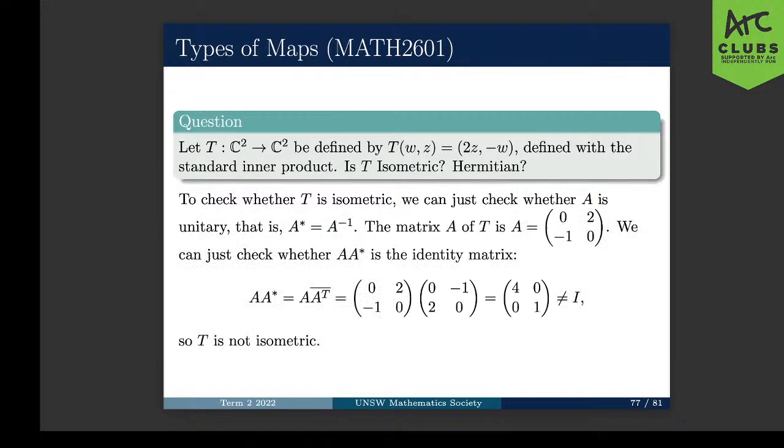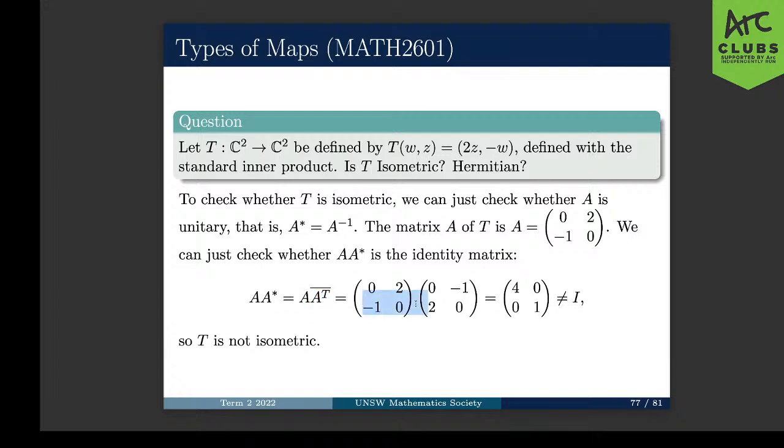By the way, I should mention what A is. A is the matrix of T, and it turns out to be (0, 2; minus 1, 0), because if you multiply it by (w, z) on the right, you get 2z minus w. To check that this equality holds, instead of finding the inverse, which honestly isn't too bad but pointless in this case, we just check whether the multiplication is the identity matrix. Again, remember we're dealing with the standard inner product, so the adjoint is just the conjugate transpose.